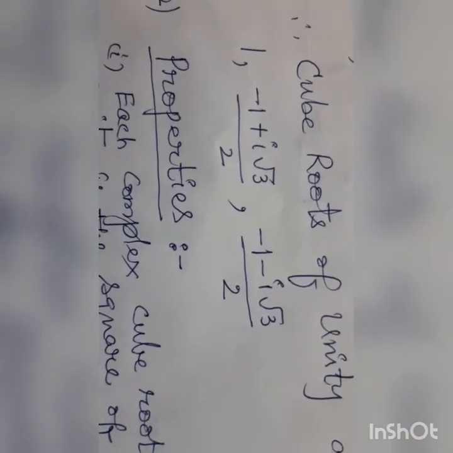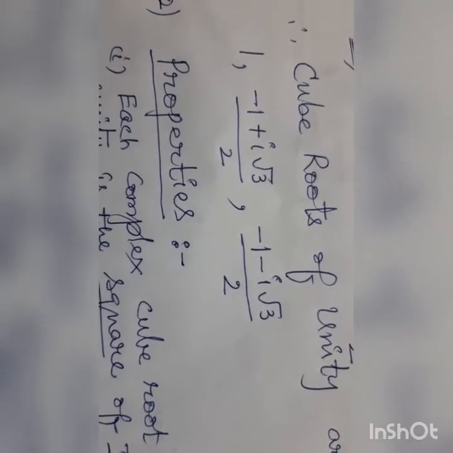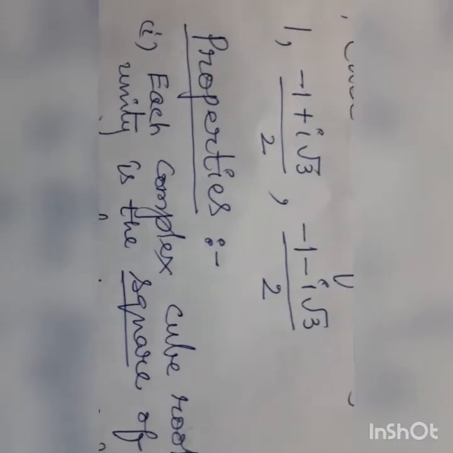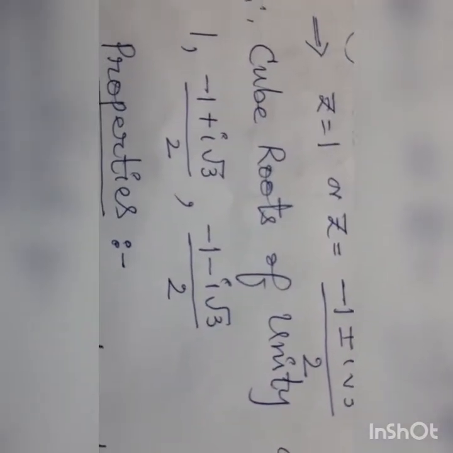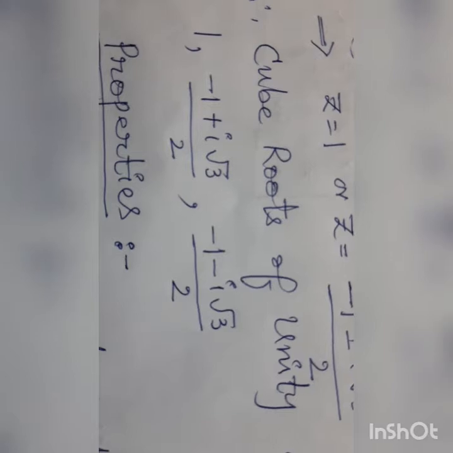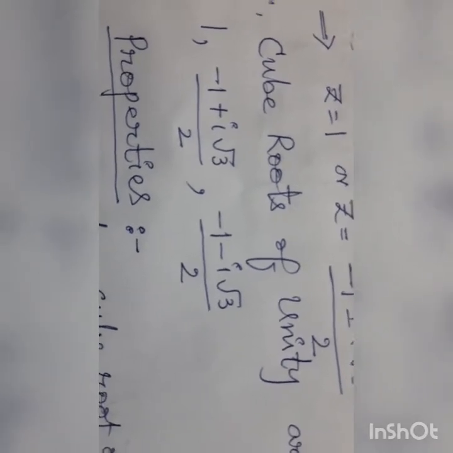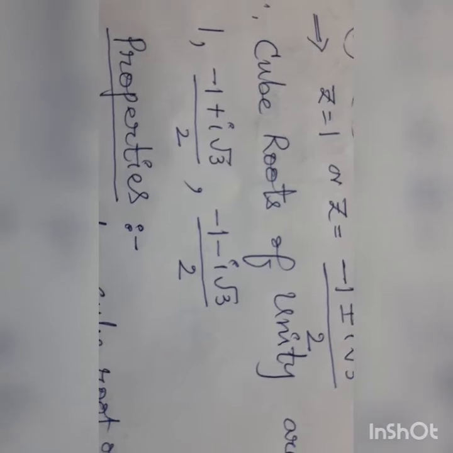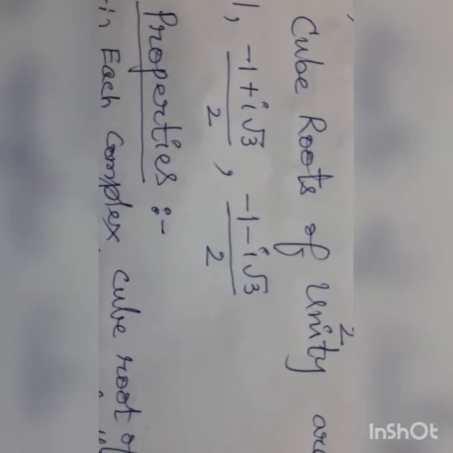This is very important. 1 and -1 are real numbers, and (-1 + i√3)/2 and (-1 - i√3)/2 are both complex numbers. These two complex numbers have a very good relation.